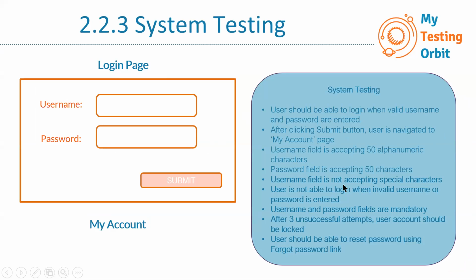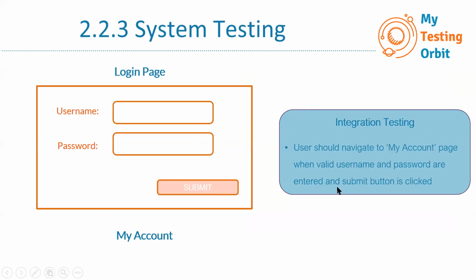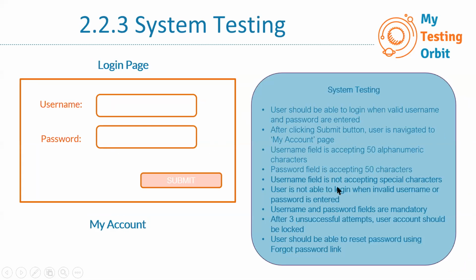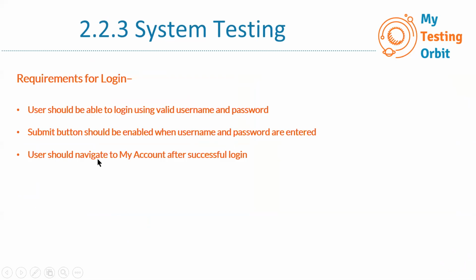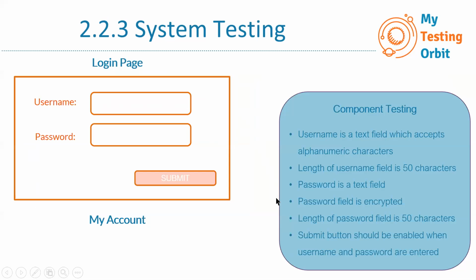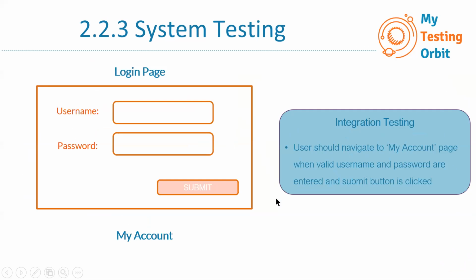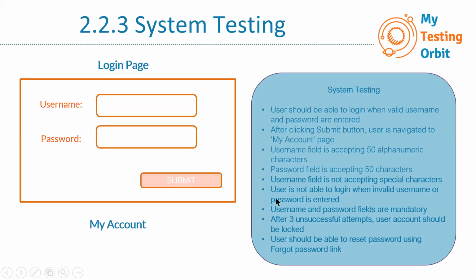And we also know that the later we find a bug in the SDLC cycle, the more expensive it is to fix, because now there will be changes in the requirements, a developer will build that, again the developer has to do component testing, then integration testing, and then it will come again to system testing.